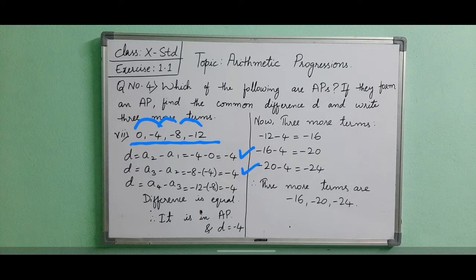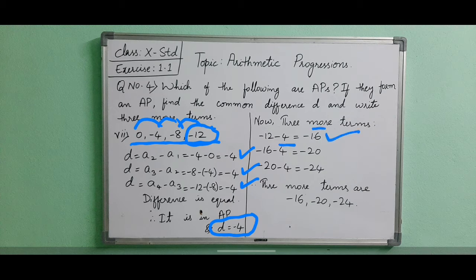Again take these two, -12 plus 8 is -4. As the difference is same, we say that they are in AP and the common difference is -4. Now how to write the next term? To the last term, -12, we have to add -4. So it is becoming -16.